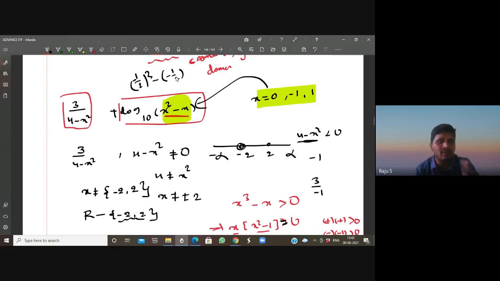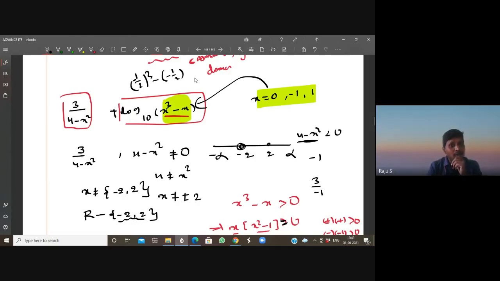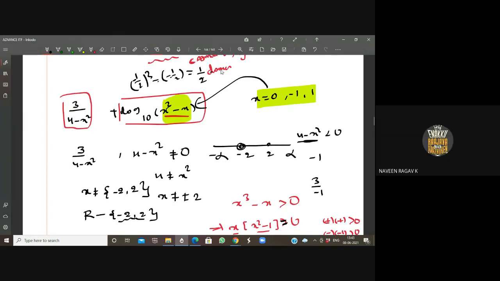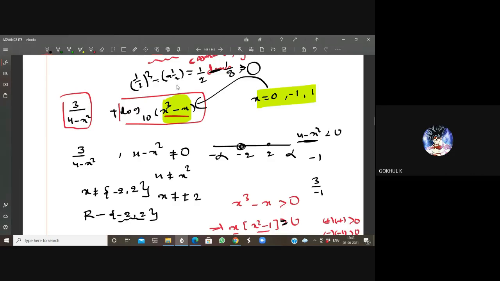Is it positive or negative? Negative, are you sure? Minus into minus is plus: minus 1 by 8 plus 1 by 2. Is it lesser than 0? Understood? Yes, sir.